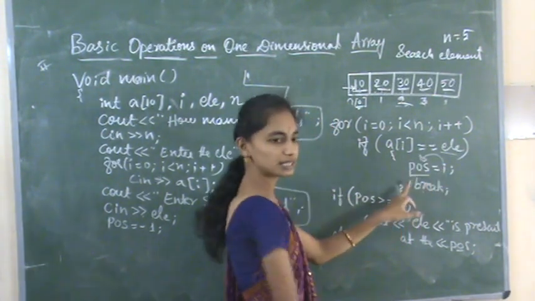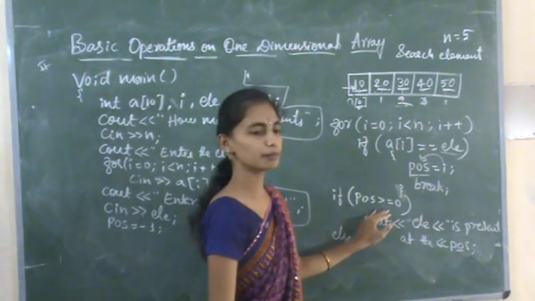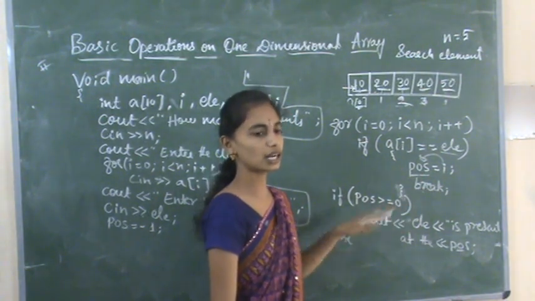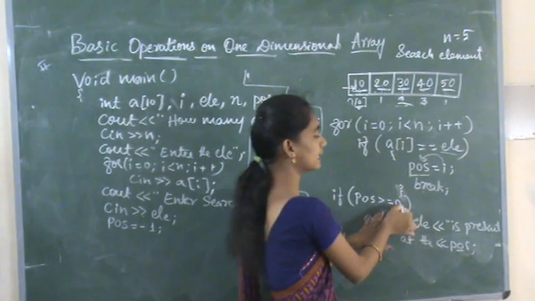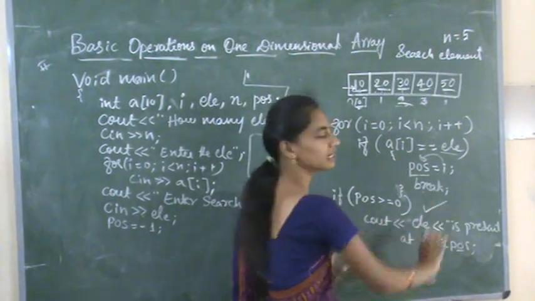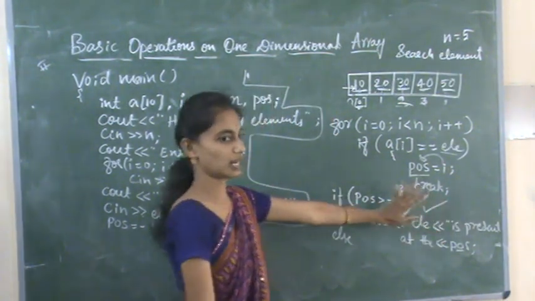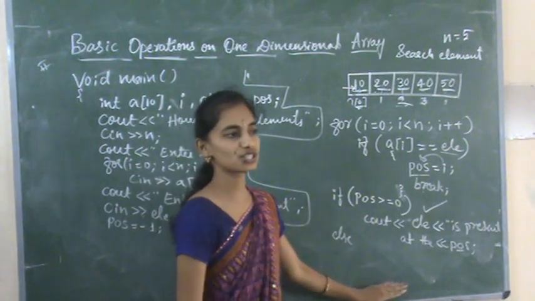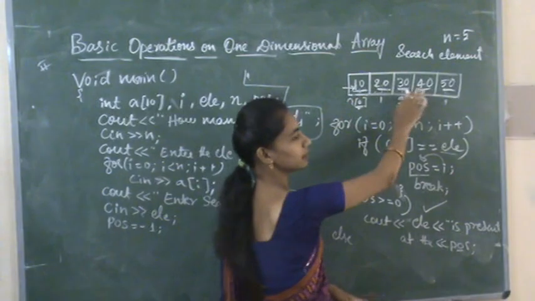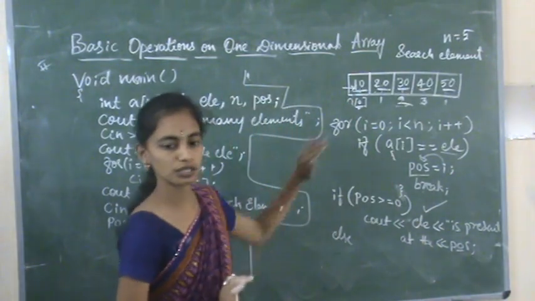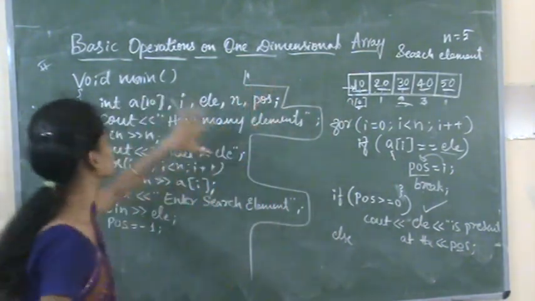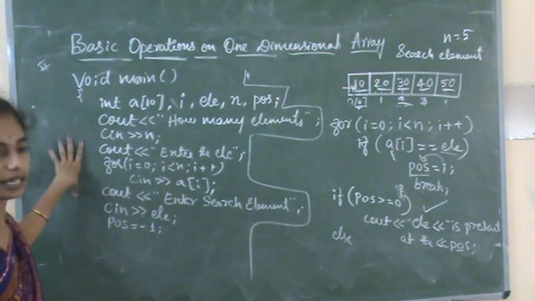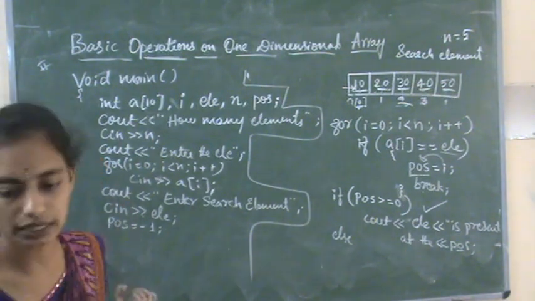After this, the position is compared to check whether it is greater than or less than 0. If it is greater than or equal to 0, the search element is present at some position, and that will be displayed. If not, the search element is not present in this array. So this is about linear search of array elements.